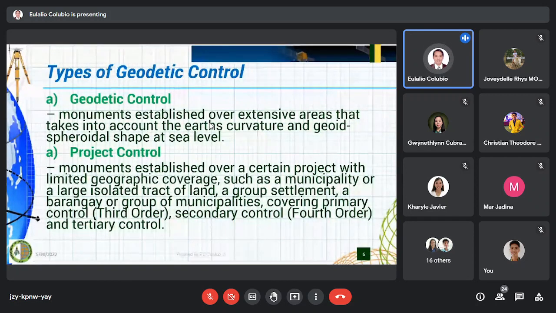So you should bring a backup battery, because your battery is limited to up to 8 hours, and you need 12 hours of continuous observation data for that order's duration. For project control, 1 hour or 2 hours of observation is enough, because the accuracy is lower compared to the geodetic control. All right? So that's our control. Okay, next.